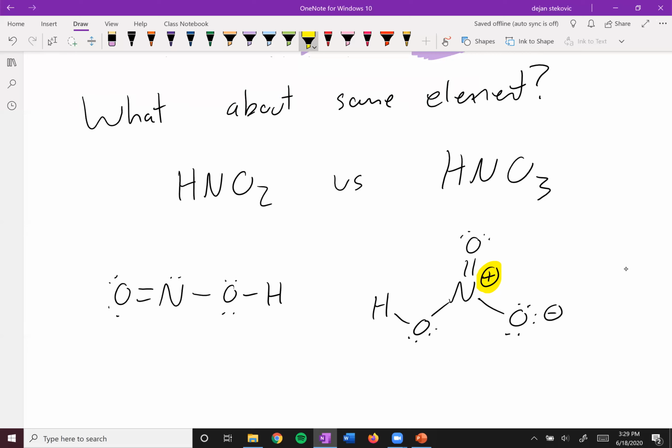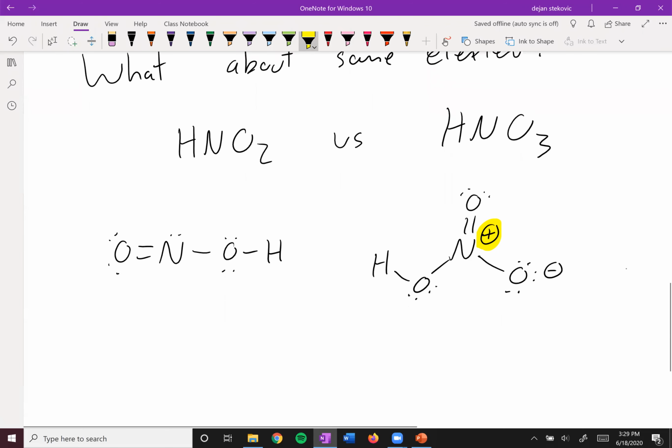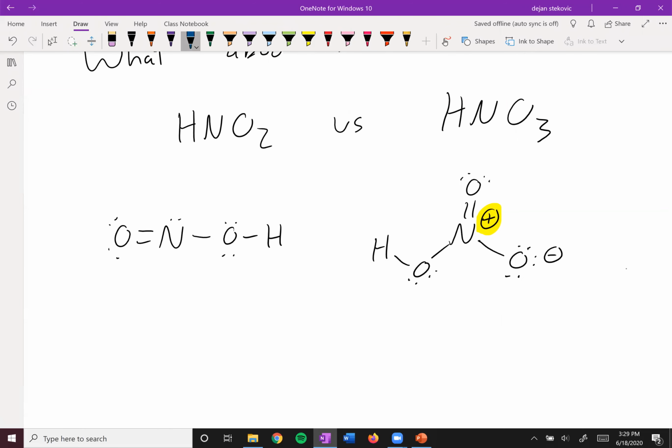This nitrogen actually has a positive formal charge, while the other nitrogen does not. And technically, we don't even have to draw the Lewis structures. We can think about their oxidation states. So remember, oxygen is always -2, hydrogen is +1 with nonmetals. So this ends up with a +3 oxidation state, while this one over here has a +5 oxidation state.